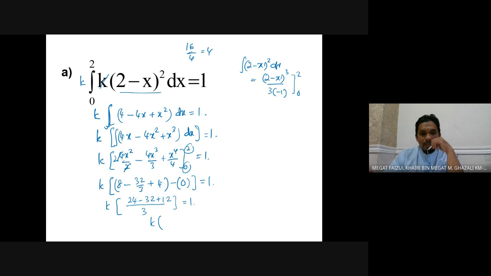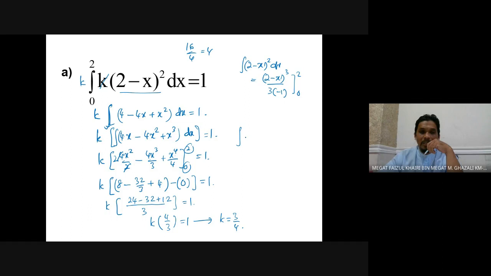24 minus 32 plus 12. 4. 24 minus 32 is negative 8. Negative 8 plus 12, yes, 4. 4 over 3 equal to 1. So then k equal to 3 over 4.